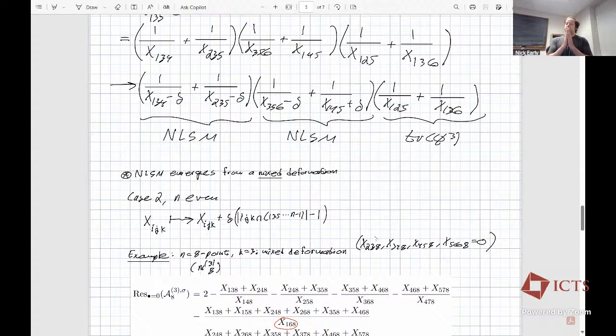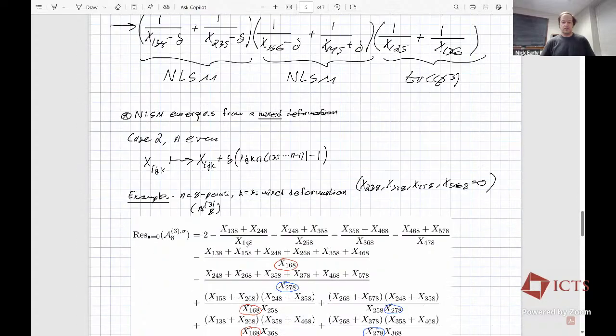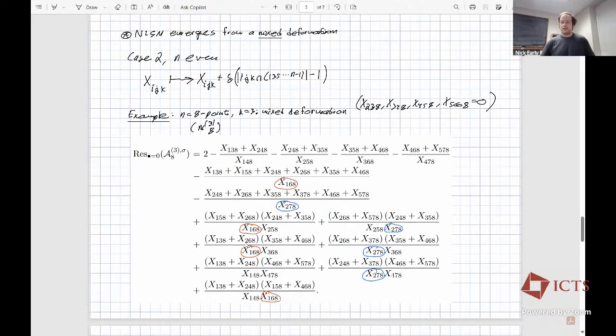We compute this same residue after taking this deformation, and we find this new rational function. You can see that we have two copies of the 6-point NLSM. Here we have the contact term twice, and here we have the three non-trivial contributions from the Feynman diagrams.